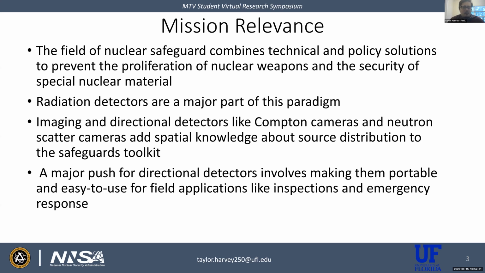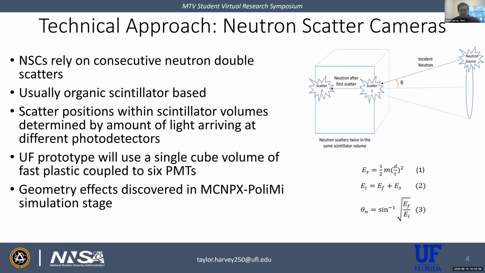A big scene right now is imaging directional detectors like Compton cameras for gamma sources and neutron scatter cameras, or time-coded apparatuses, to gain spatial knowledge about source distributions and localization of those sources. And as I mentioned, we want to make those systems portable and affordable so they can be deployed in a variety of field applications.